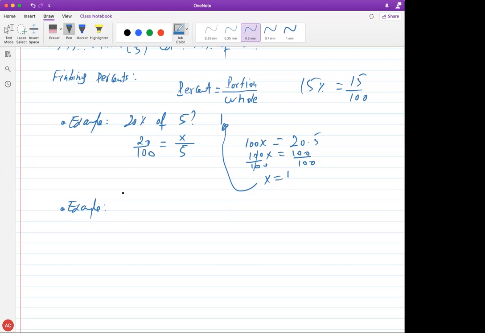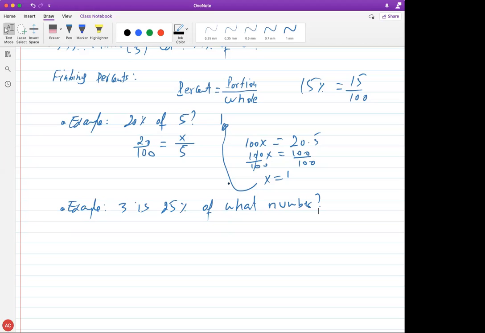Let's do another one. Let's say 3 is 25% of what number?